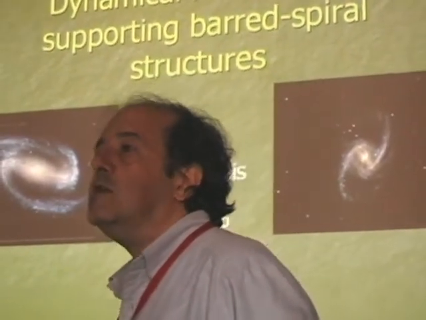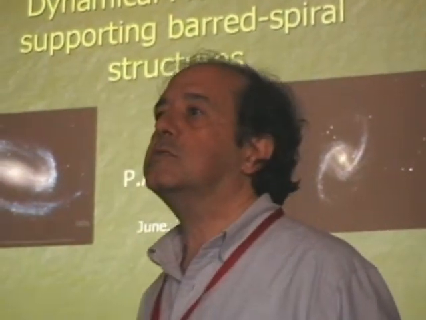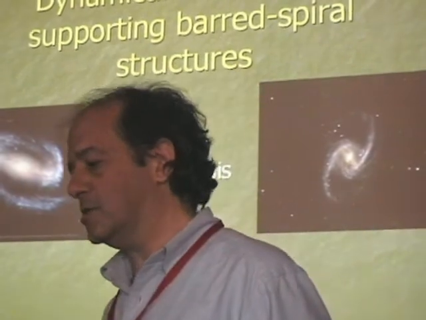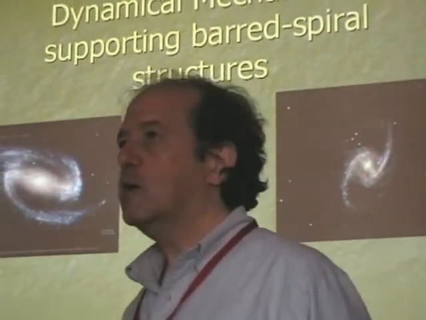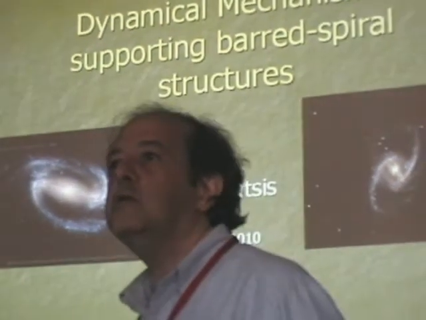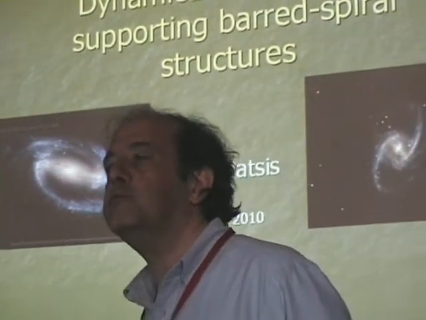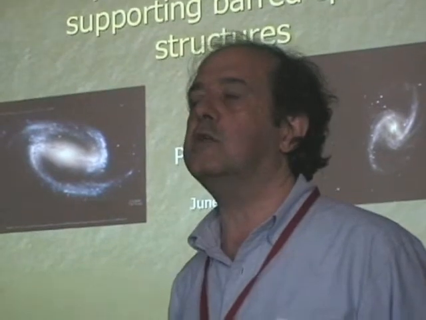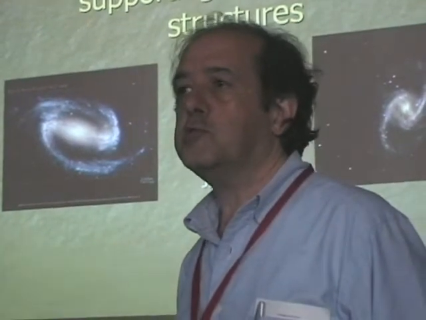by modeling spiral galaxies as autonomous Hamiltonian systems. This is the kind of modeling I have used for what I'm going to present, and it is something that we have tried for many years now.